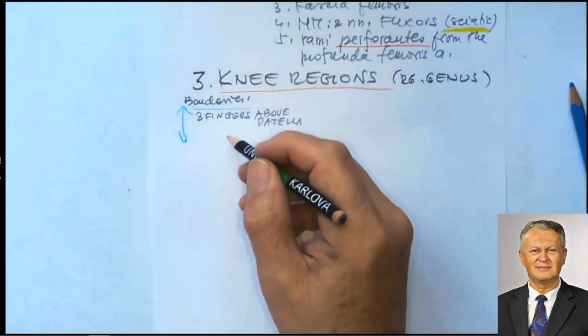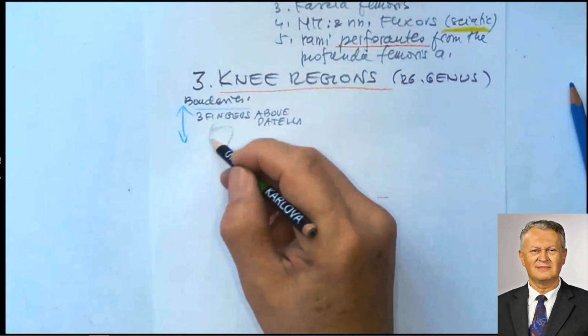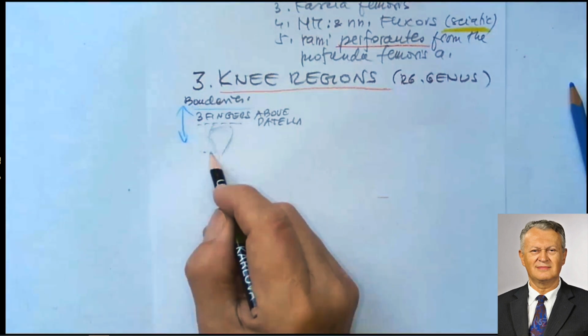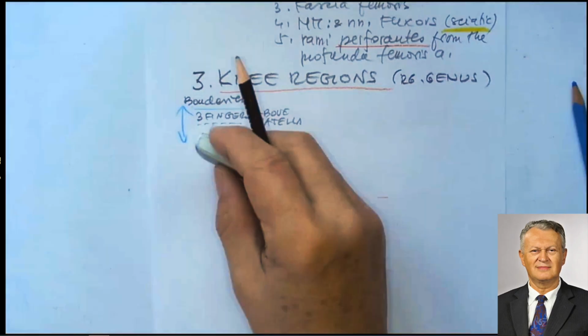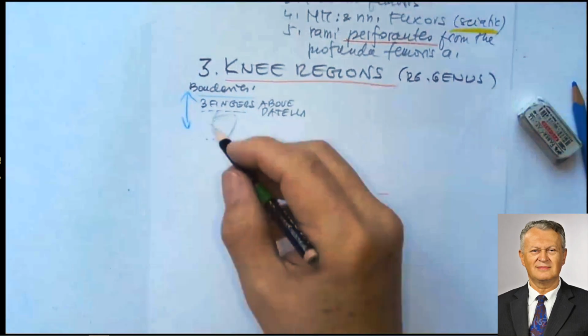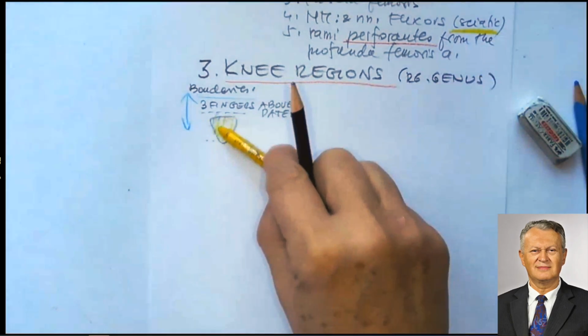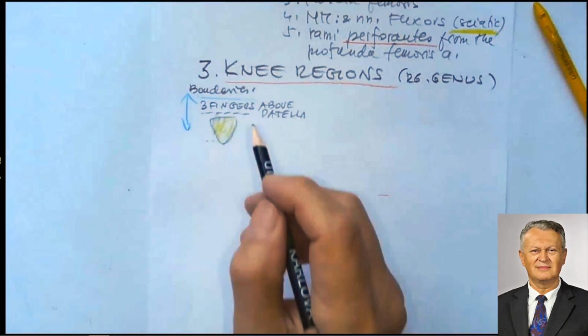If we see the patella, the patella base, so three fingers above, must be more distal here. Here's the patella. Yes, three fingers above.